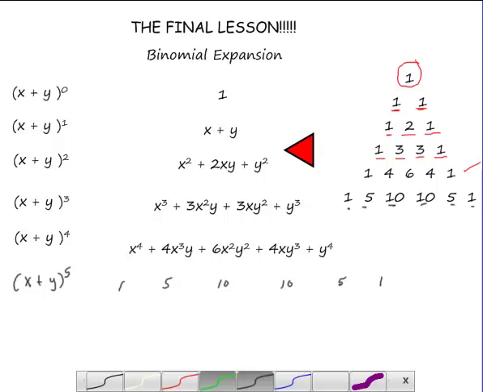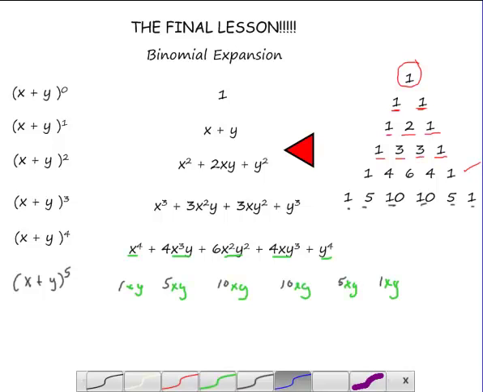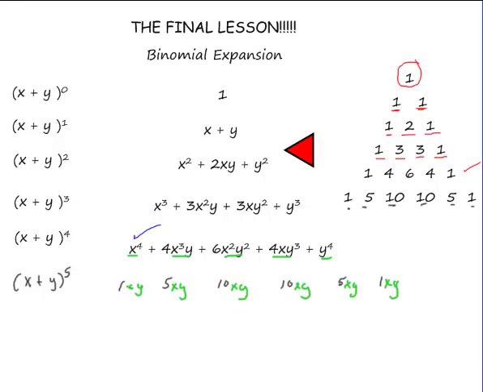The next pattern I saw was each one has xy, so I can put xy in each term and now I can just do my pattern. I noticed that my x's start the game. Since this started with x to the fourth, that's because this was raised to the fourth power. This started with x to the third because it was raised to the third power. This started with x squared because it was raised to the second. So this is going to be x to the fifth.